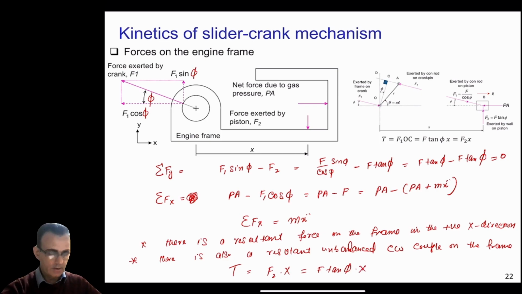Or you can write it that T will become equal to f times OD, because this x tangent is obviously the OD that we calculated previously. That's why you can calculate the output torque here, or the torque which is here on the engine frame.